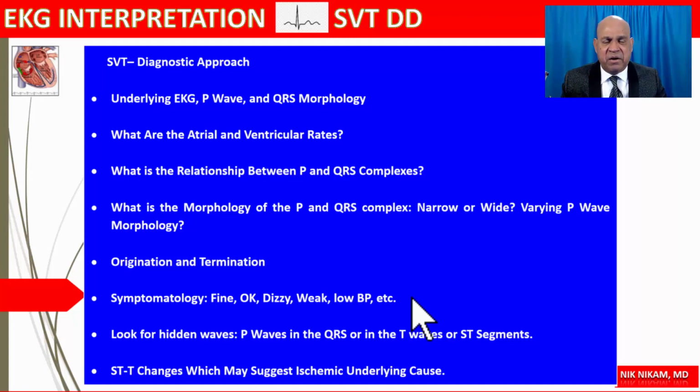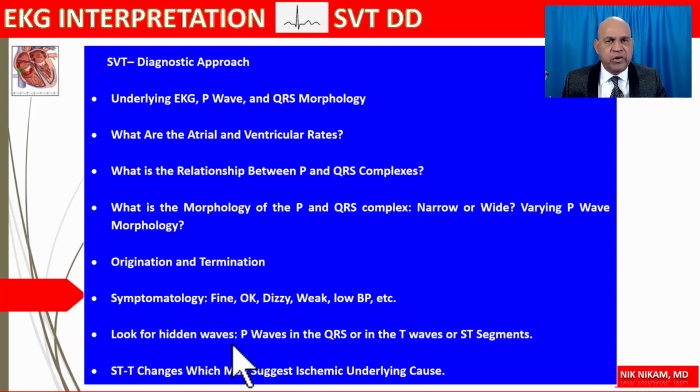The clinical presentation is of paramount importance in deciding what we are dealing with and how we manage this, and then you can have a 30-minute debate in a conference room about the origin of the supraventricular tachycardia. So never ever forget the patient, because you are not only treating the arrhythmia, but most importantly, you are treating the patient. So focus on the patient with the EKG as the reference.